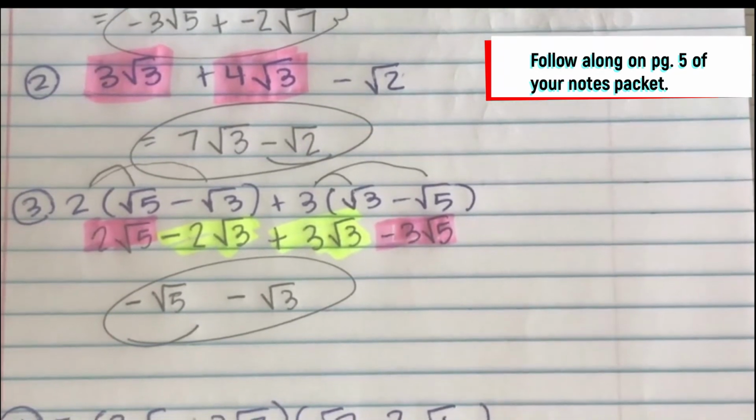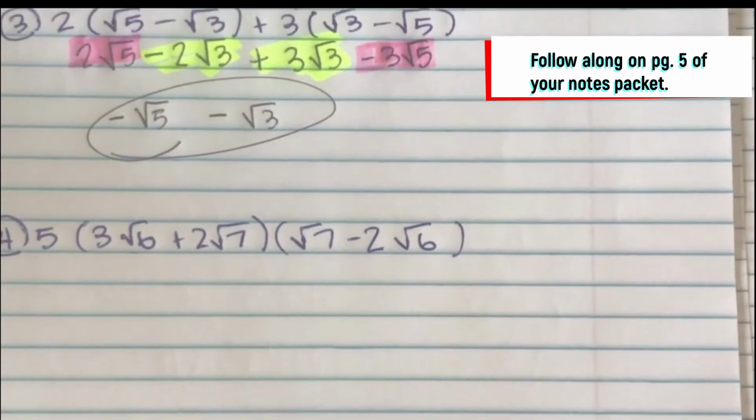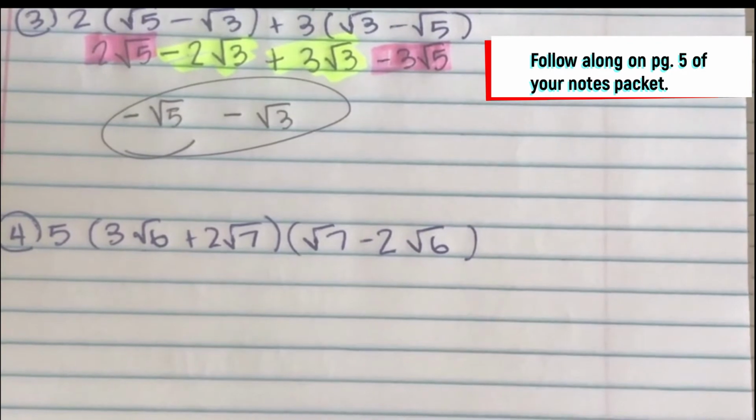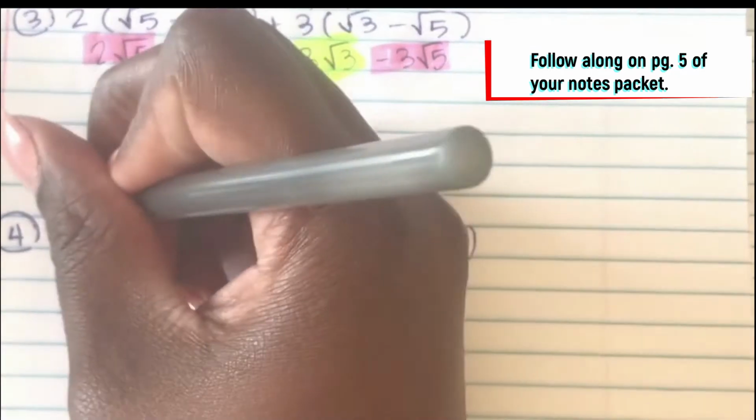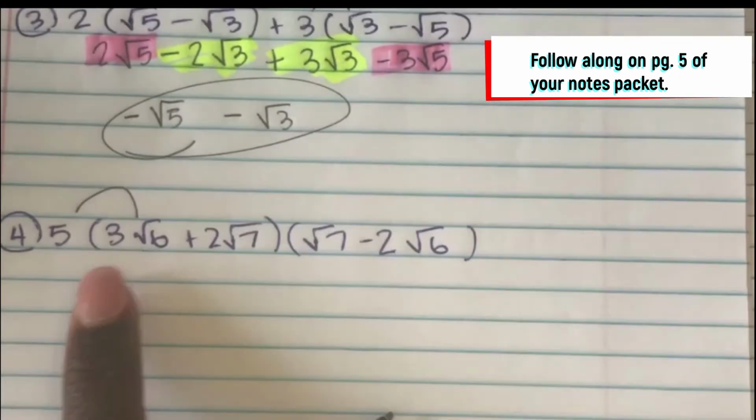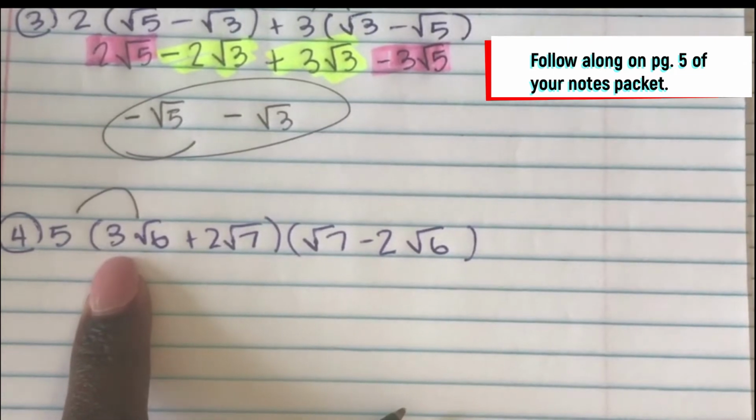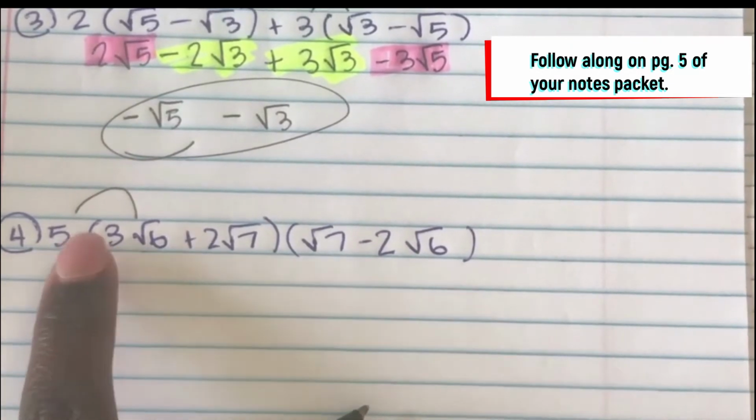Now, the only other thing you need to know about operations with radical expressions is multiplying when there's a number on the outside, all right? So this is different than the ones before where we just wrote it the way it looked. With these, anytime you're multiplying a radical expression by something else, you want to first multiply the numbers on the outsides.